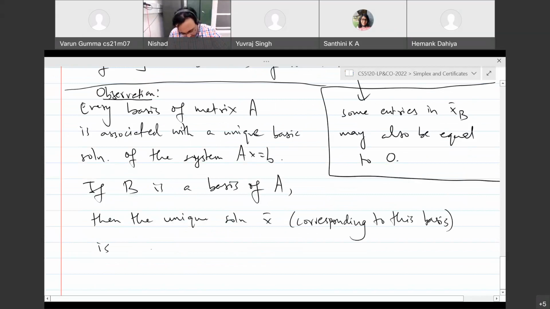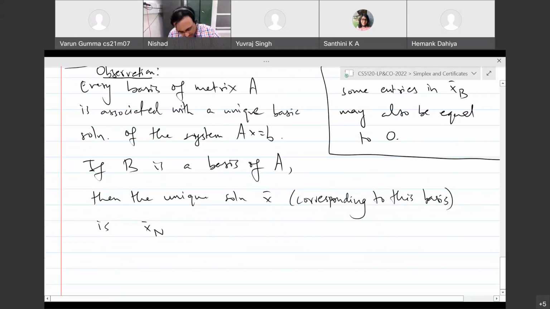is, for the variables that are not in the basis, you basically want there to be a 0. And for the columns that are in the basis, you want it to evaluate exactly to the right hand side.